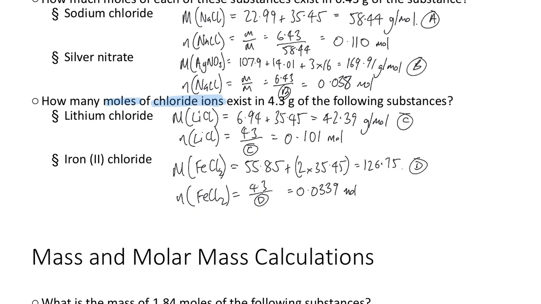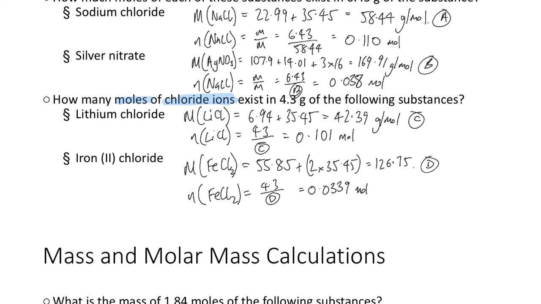However, that's the number of moles of FeCl2. I've been asked for the number of moles of chloride ions, right? So the number of moles of Cl minus ions is equal to the number of moles of FeCl2 times 2, because there are 2 Cl's in that one there. So I times that by 2, and I get 0.0679 moles.